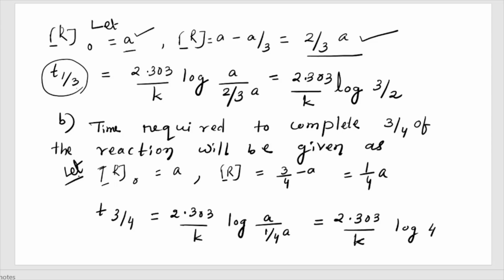Then R means a minus 3 by 4 a. So you will get 1 by 4a, since 4a minus 3a equals 1 by 4a.